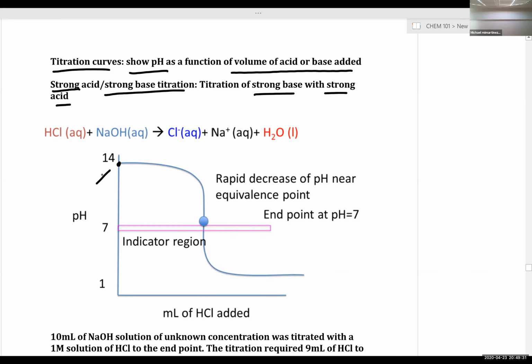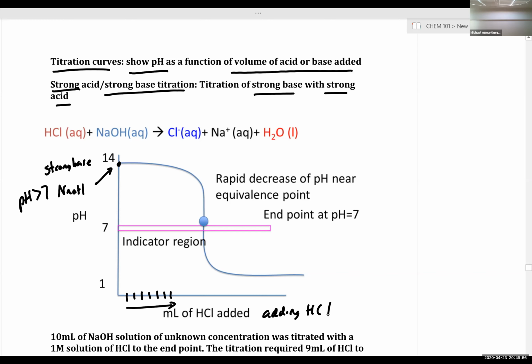So initially in our solution right here, we have our sodium hydroxide, which is our strong base, which would mean we have a pH much greater than 7. As we move across this curve, we are adding hydrochloric acid.